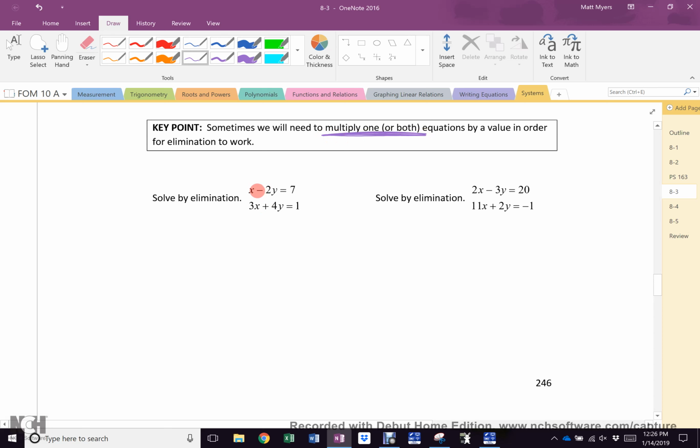What could I multiply this guy by to be able to eliminate something? If I multiplied him by 2, what would I get? 2x minus 4y equals 14. That would allow me to eliminate the y's, wouldn't it?